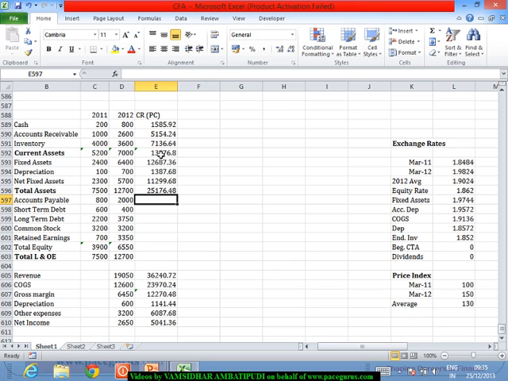The same way I can work out all my accounts payables and everything, right? All of them are stated as per the current rate itself. So accounts payable, short-term debt, long-term debt, all of them I am stating as per the current rate only, except the common stock and the dividend that would be set at the historical date.